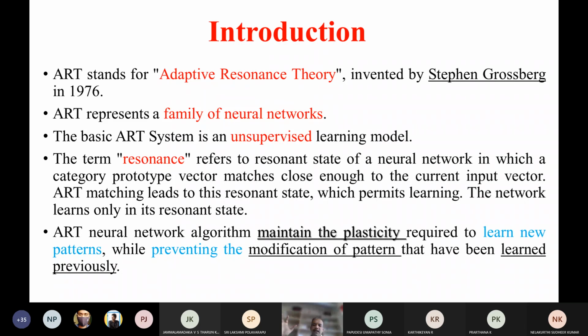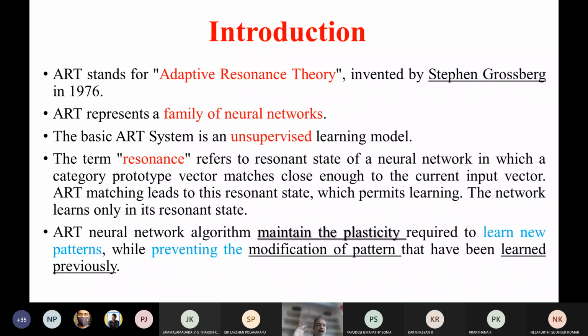Whenever I supply an input vector, it is accepted by the ART neural network, which tries to categorize it into an existing cluster group, either cluster 1, cluster 2 or cluster 3. It may be an exact match or a close match to the current input vector.